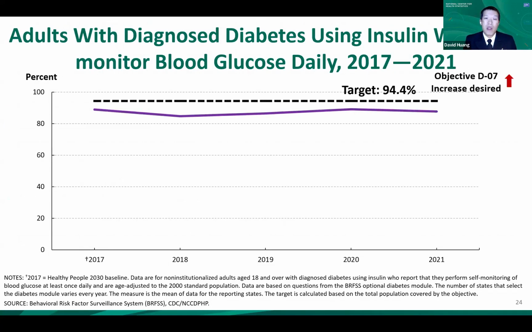This slide shows the percentage of adults with diagnosed diabetes using insulin who perform self-monitoring of blood glucose at least once daily from 2017 to 2021, the last time the question was included in the diabetes module. Since baseline, little or no detectable change has been observed. Next slide.